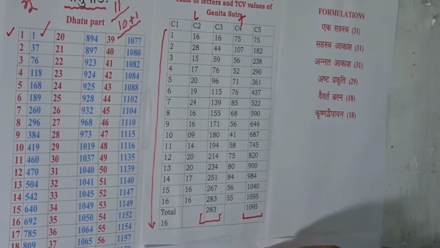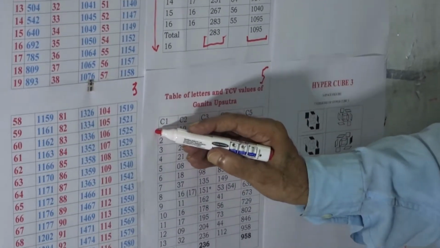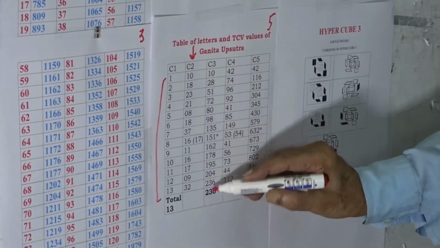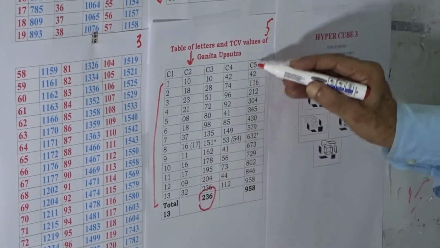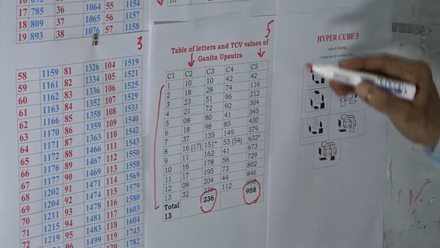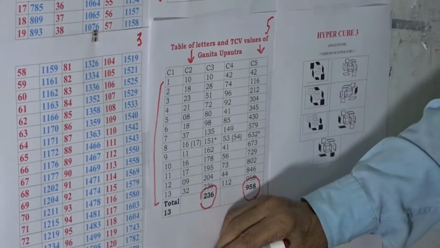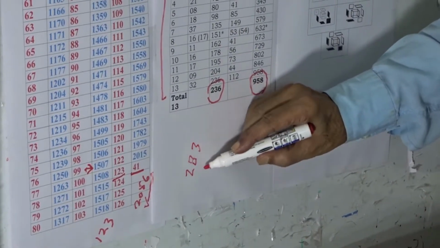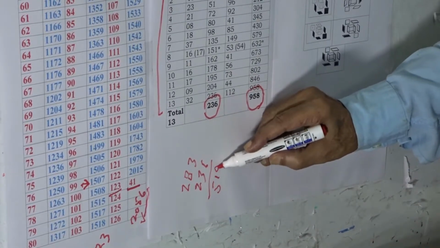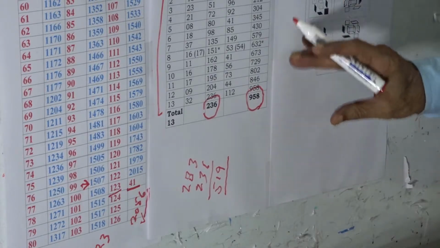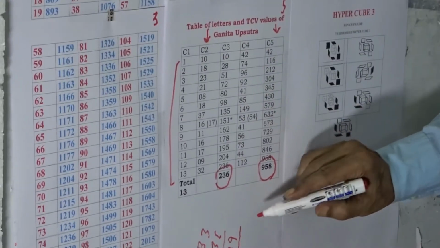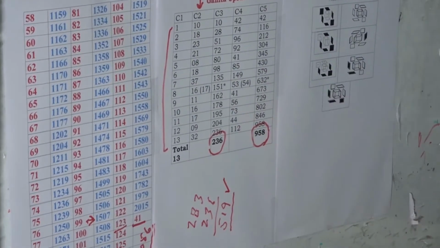In sheet 5, we are having a tabulation for 13 Upsutras, its letters, which come to be 236, and TCV value, which comes to be 958. We see that 283 plus 236 makes 519 letters. The entire text of Ganita Sutras and Ganita Upsutras is available in all 519 letters.